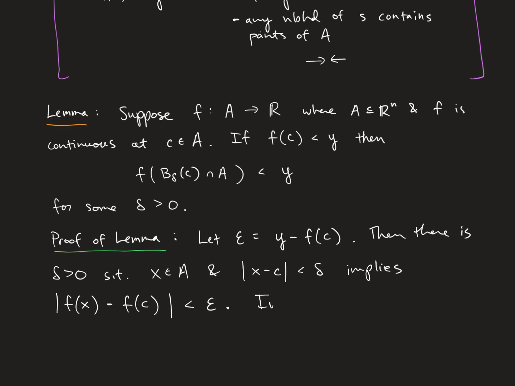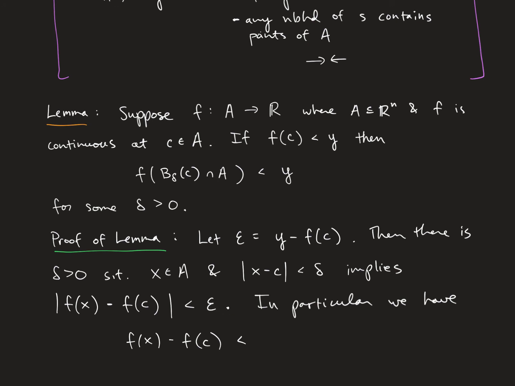So in particular, we have both of these, f of x minus f of c plus or minus that quantity, both of them are less than epsilon.